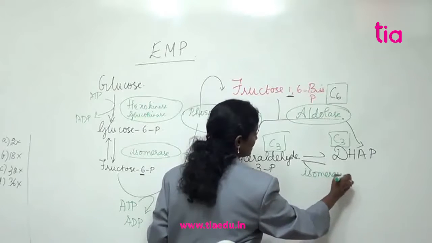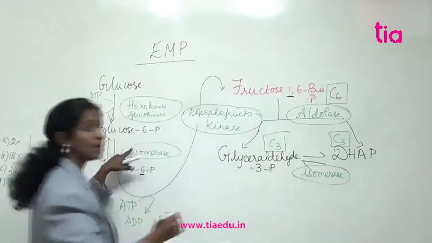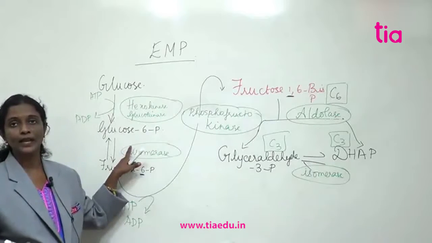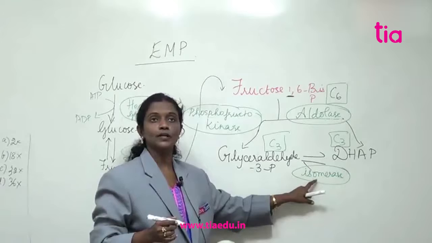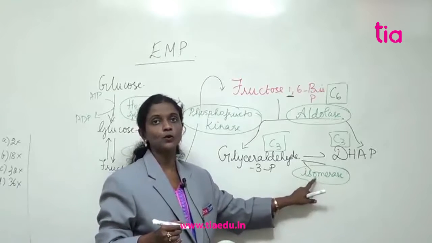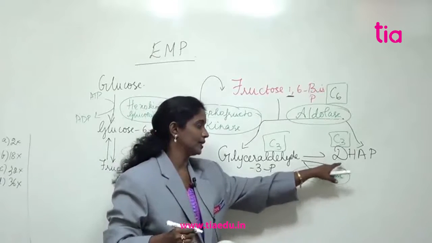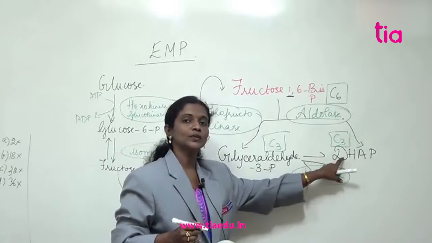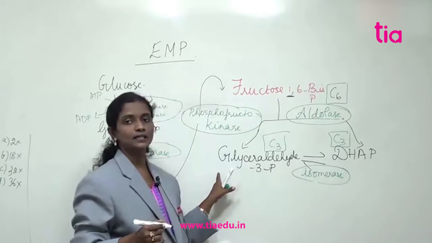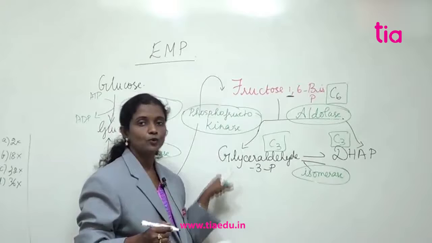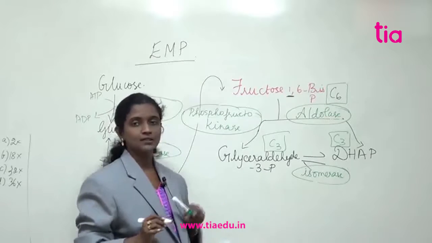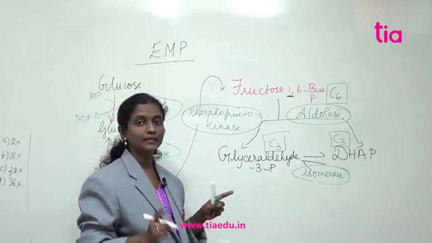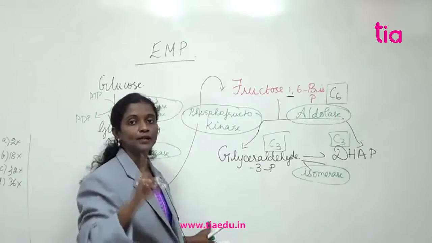Earlier we said phosphohexoisomerase, but at this step we call it phosphotriose isomerase, wherein the dihydroxyacetone phosphate has to be converted to glyceraldehyde 3-phosphate for the subsequent reactions to go on.